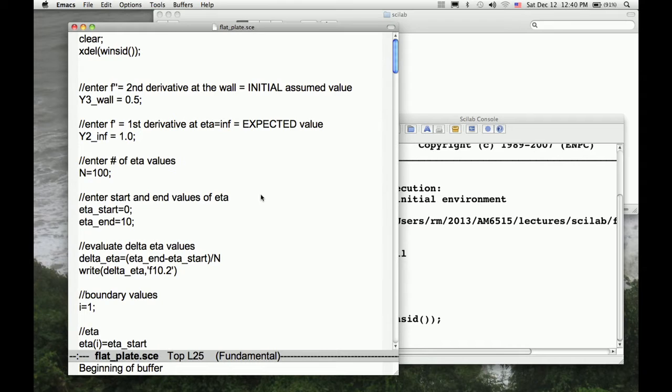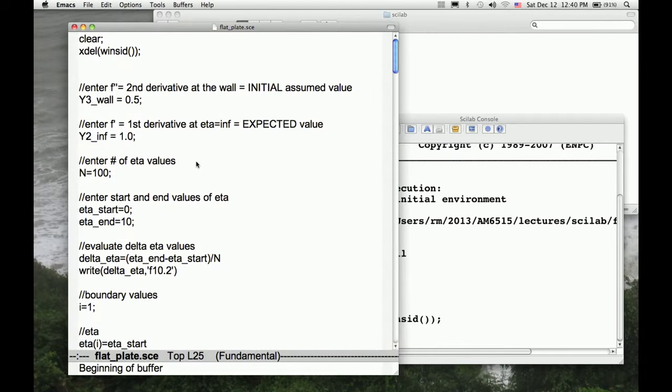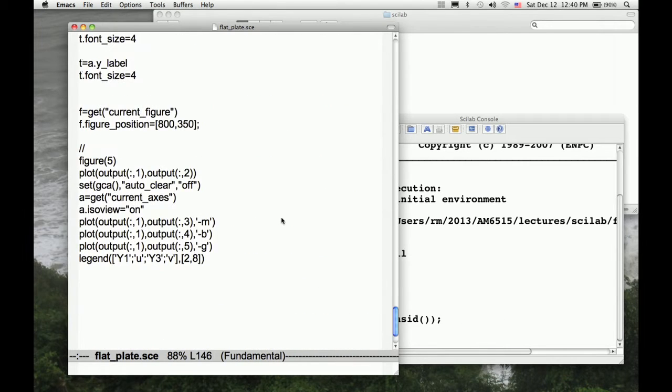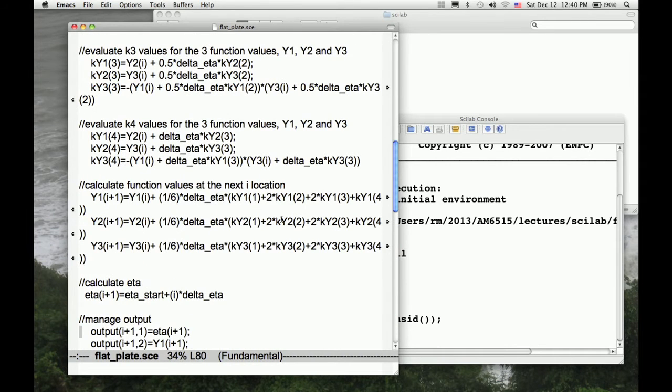This is how the code looks. What we use is a fourth order Runge-Kutta method. I'll come to that in a bit, and then we get the output.